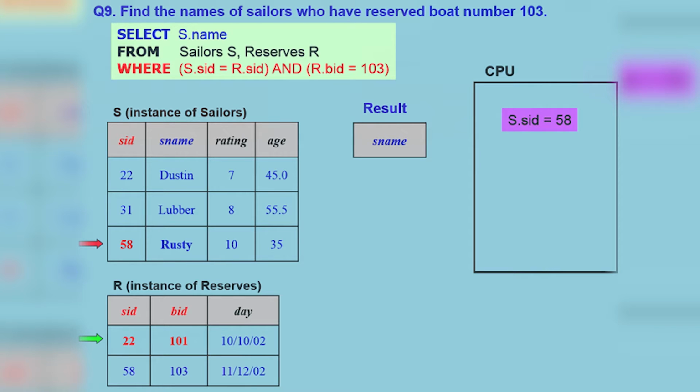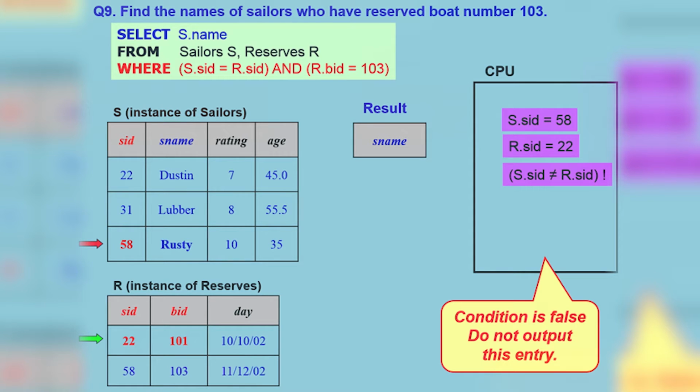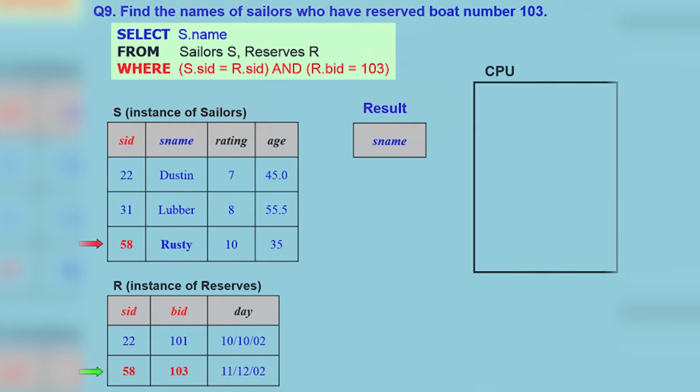Let's check. S.SID is equal to 58. R.SID is equal to 22. S.SID is not equal to R.SID. Condition is false. Do not output this entry. And our last step. S.SID is equal to 58.